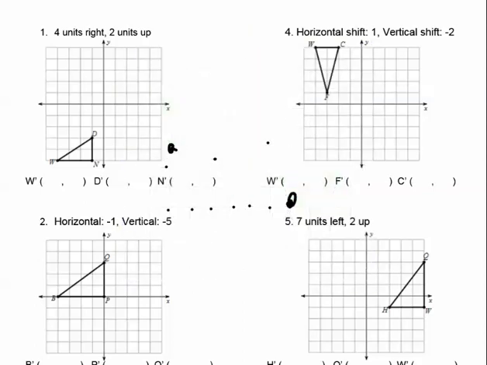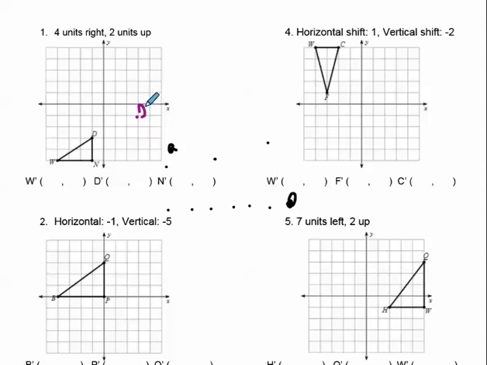Okay, you are going to move these shapes according to the translation. In order to move the entire shape, you're going to move it point by point. So if we look at this first one, we want to go 4 units right, 2 up. So I'm going to move just D, 1, 2, 3, 4 to the right, and then up 2. And that is D prime.